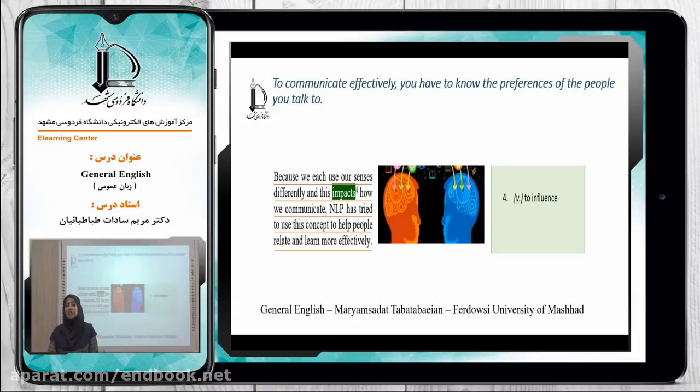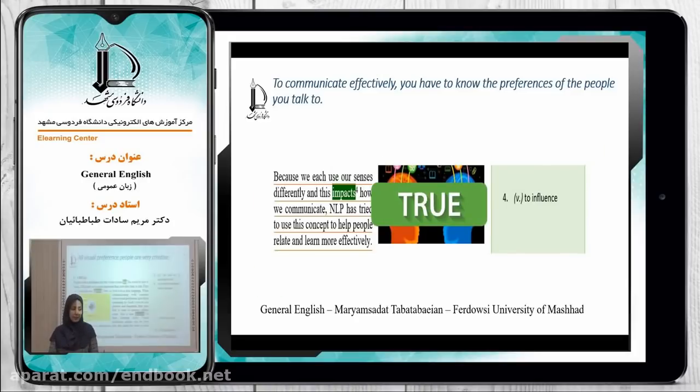So, if we know these concepts, I mean, if we know NLP, if we know that people are different from us, and each one of them has a different sense, then we can communicate more effectively. So, true or false? It's definitely true.